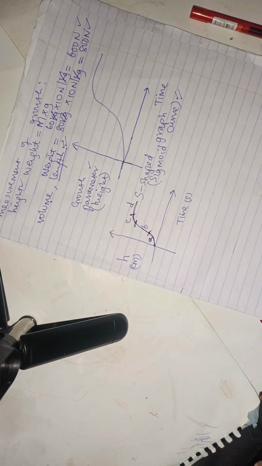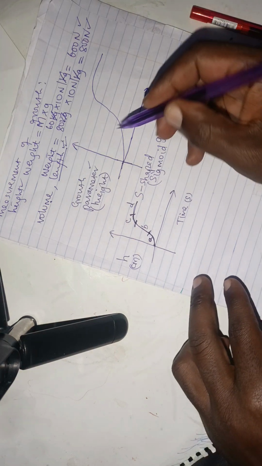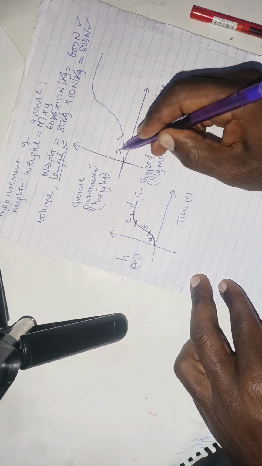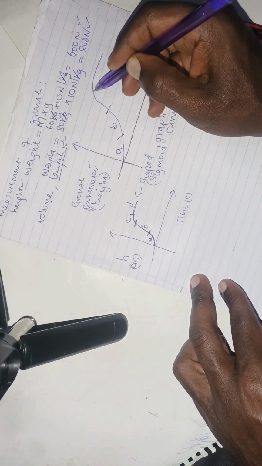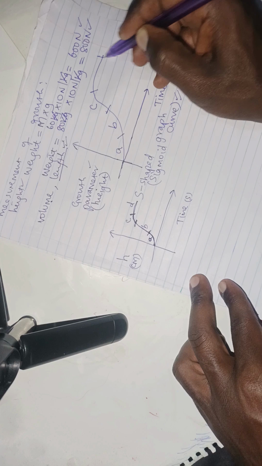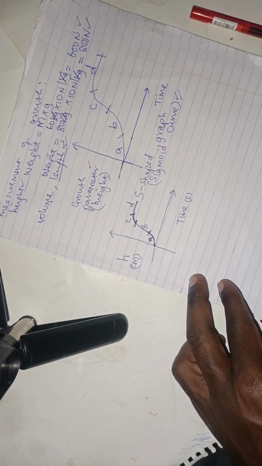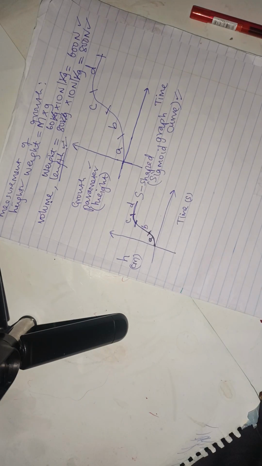So you can have this as A, this as B, this as C, and lastly this as D. So four very important parts of that sigmoid or S-shaped curve that we want to use to descriptively explain how growth occurs.